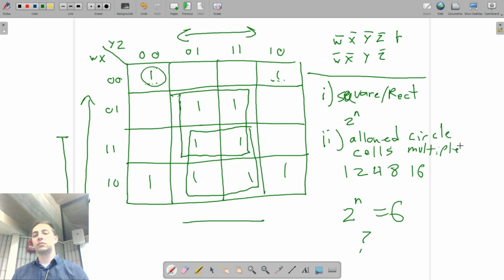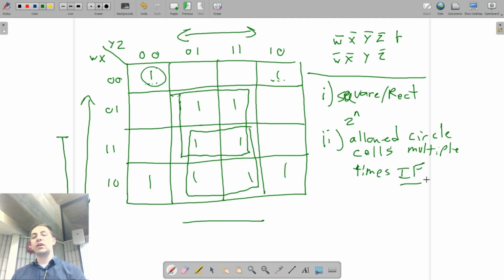You're allowed to circle cells multiple times. But there's a giant but on this.